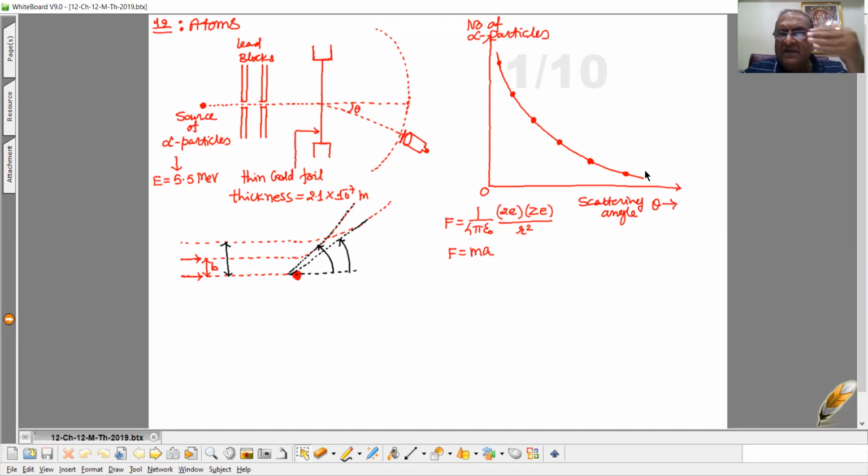So perfectly matched theoretical and experimental observations. It implies that Rutherford's assumption, like entire mass and the positive charge is concentrated in the small tiny region, and that is called nucleus. And here the scattering angle that depends on this impact parameter.